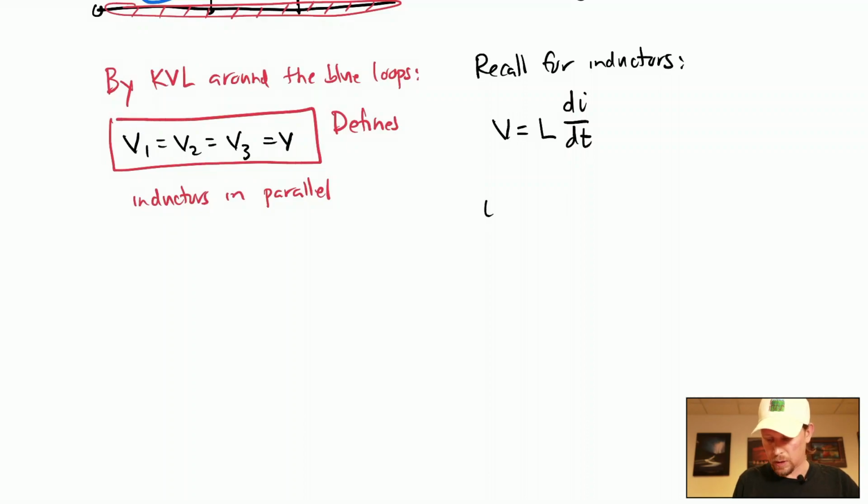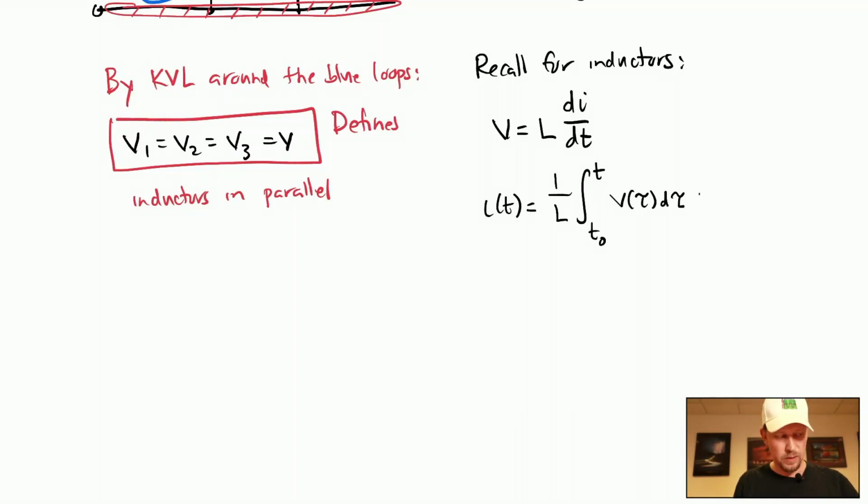So the current as a function of time in an inductor is 1 over the inductance times the time integral from t naught to our variable t. Notice that the variable t is actually one of the bounds of the integral. The voltage as a function of the dummy variable tau is going to be integrated across.